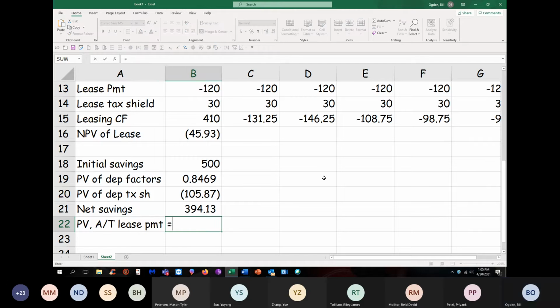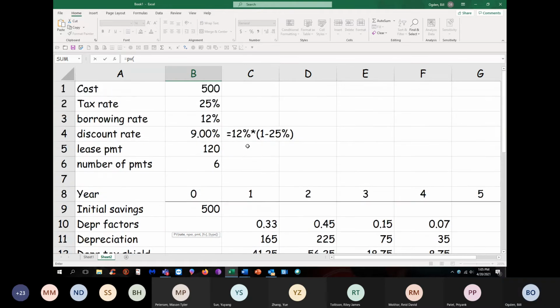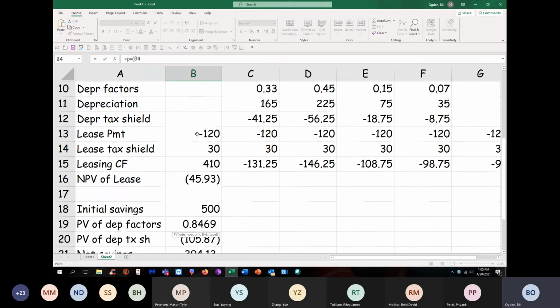Equals. Now we're going to use the PV function, not NPV, present value. You want the rate. And I hope it's starting to become a permanent part of your cognition, it has to be the after-tax cost of an equivalent loan.